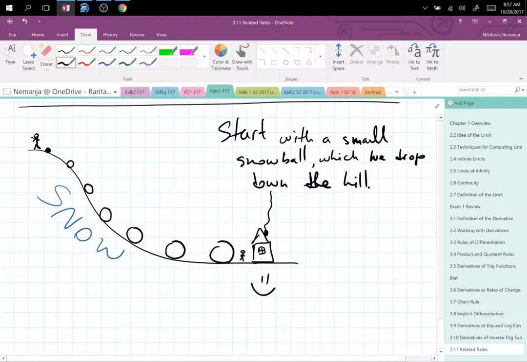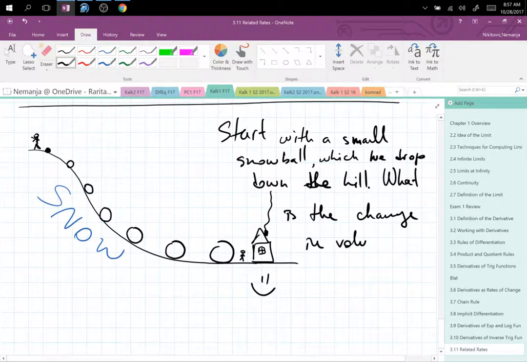So we can ask, what is the change in volume, which would actually be the size.